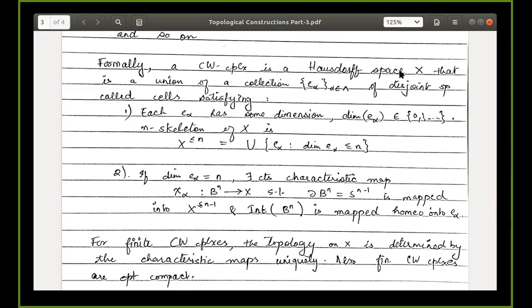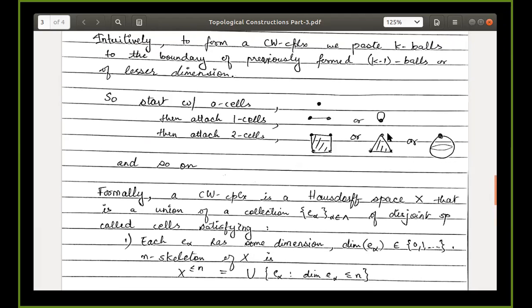A CW complex is a Hausdorff space X that is a union of a collection E alpha of disjoint spaces. And these things are the cells. Each E alpha has some dimension, denoted as dimension of E alpha, starting from 0 up to whatever.